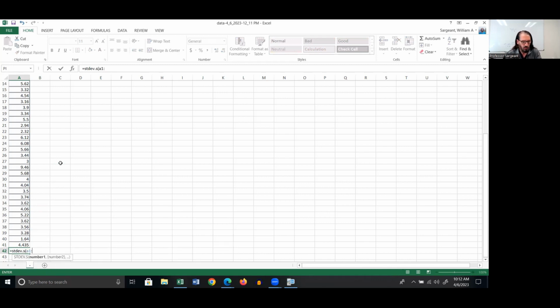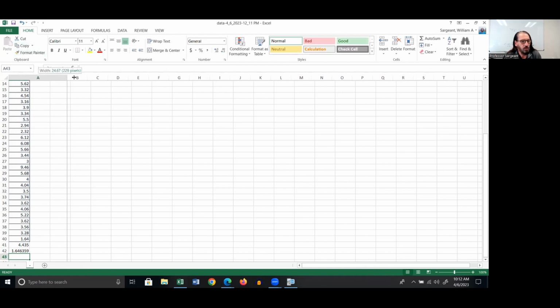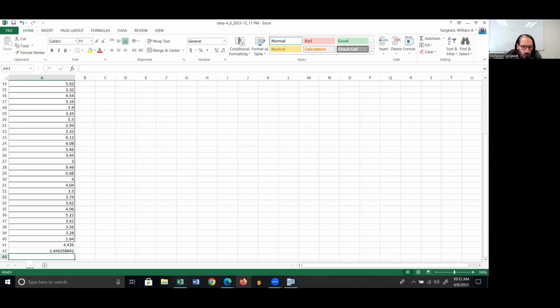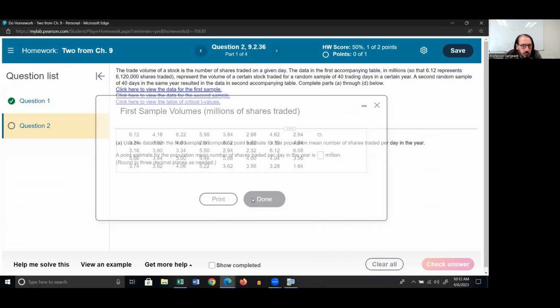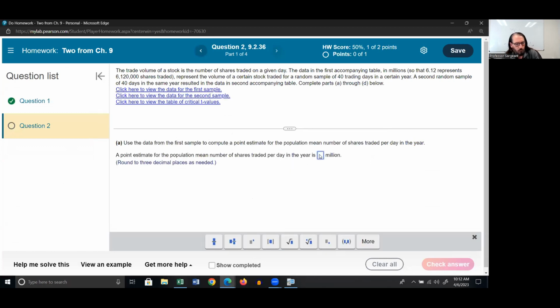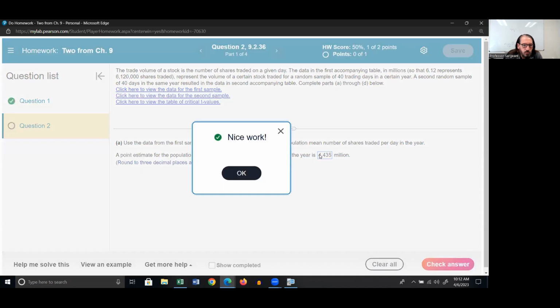Tell it that it, again, is coming from the data in column A, row 1 to column A, row 40. And I can see more digits doing this. All right, so our point estimate is 4.435 in millions. It says around to 3 decimal places, but it's not going further than that anyway.